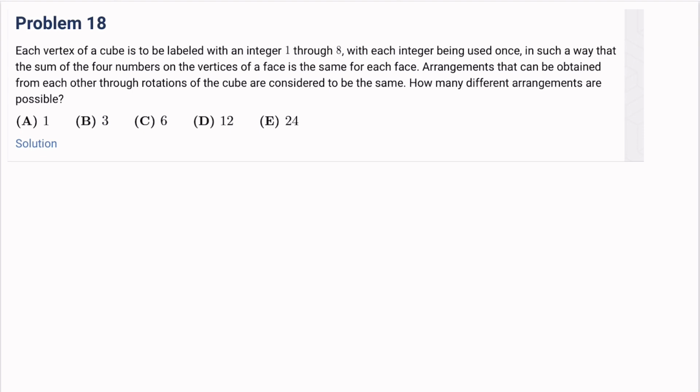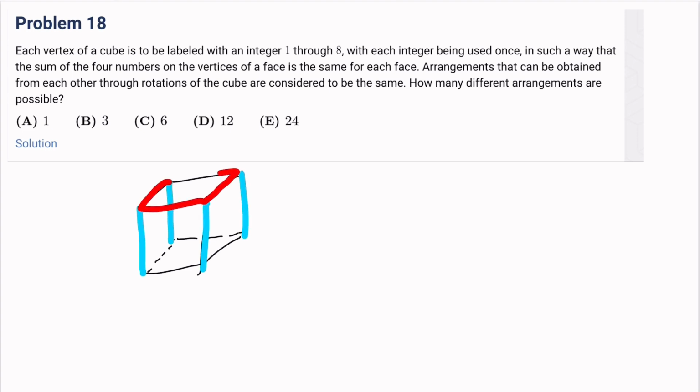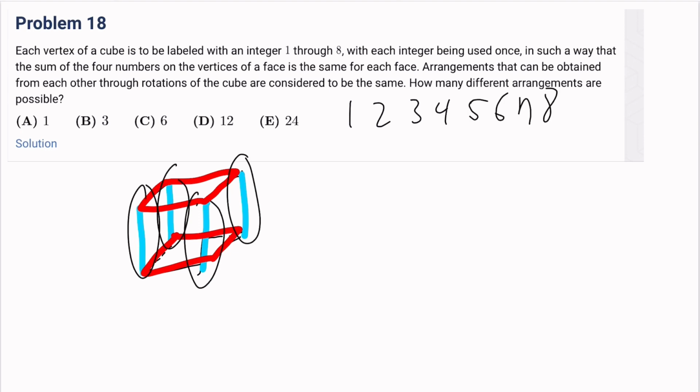Okay, so let's draw a cube like that. And we're going to separate this into 4 columns and 2 faces, right? And what this means is that the numbers on either side of these blue columns, if there are integers 1, 2, 3, 4, 5, 6, 7, 8, then these will be the paired integers that always sum to 9, right?